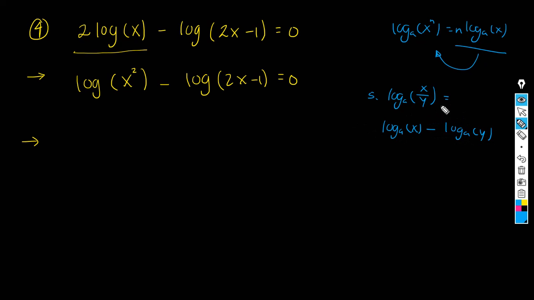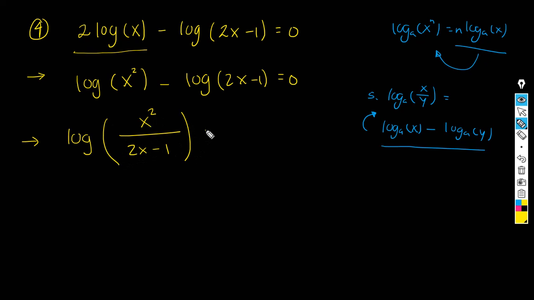And I can use this property and go backwards because what I have here is a subtraction of logarithms with the same base. So basically I have this, and all I need to do is go backwards. So I can write all of this simply as the logarithm of x squared over 2x minus 1.